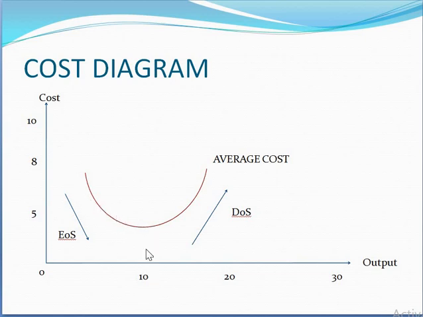Similarly, after 10th unit, when you face these economies of scale, the firm needs to purchase maybe another machinery or rent another building. Thus, there is a huge addition of fixed costs to its total cost. Thus, both the numerator and increasing output, that is denominator value, increases.